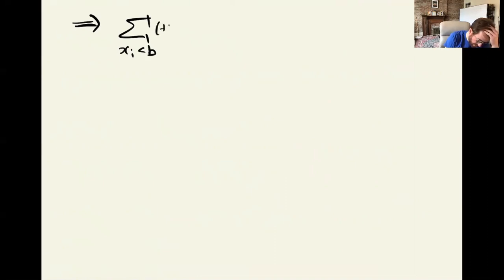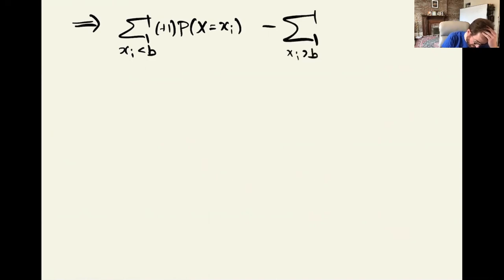So I've got positive 1 times the probability that X equals xi. And then I can subtract the sum over xi greater than b, using the fact that I've already pulled out the minus sign, of the probability that X equals xi. So this is a sum which we're trying to minimize. We're actually trying to set it to 0.